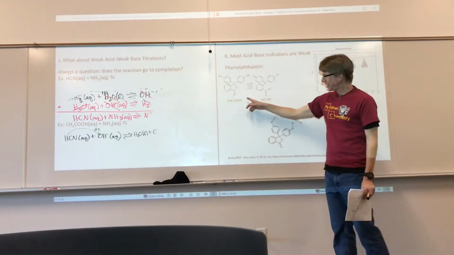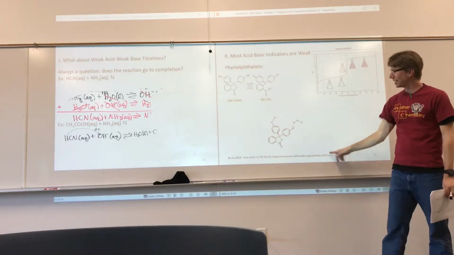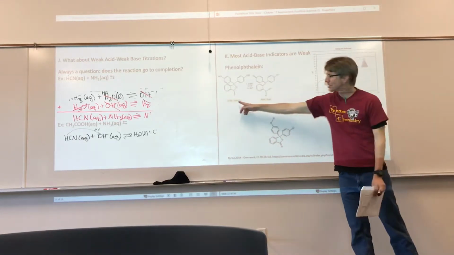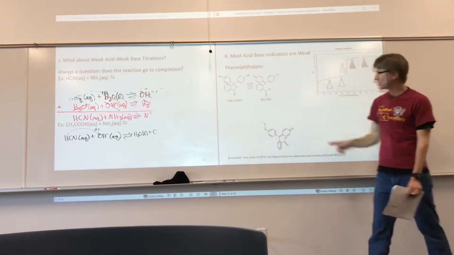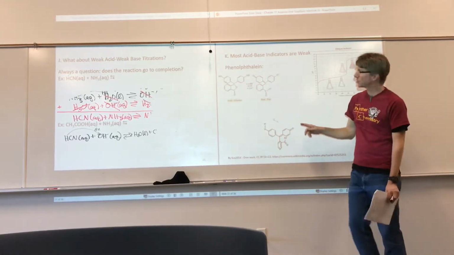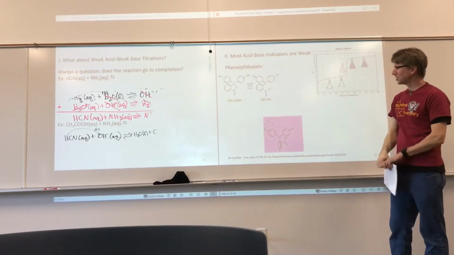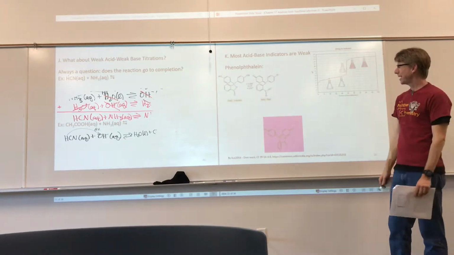Anyway, while phenolphthalein, and this animation I found online shows that it is a complex process, goes from the acid solution in which it's colorless to the basic solution in which it's pink, it is due to the fact that there are weak acids that are changing into conjugate weak bases as this process goes.